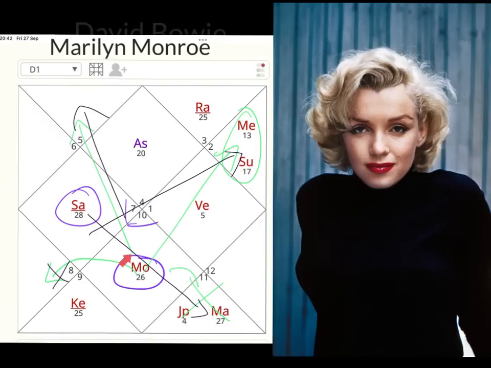Saturn Mars is a very difficult, violent aspect. She was in Mars Bhukti when she died. There's some violence happening. We will come back to it. And Saturn Sun is giving her difficulty with government, powerful people in government. Sun Saturn, mutual aspect to each other is quite dangerous.